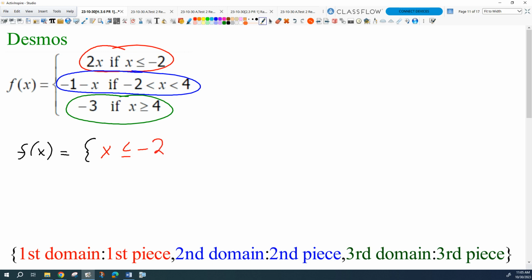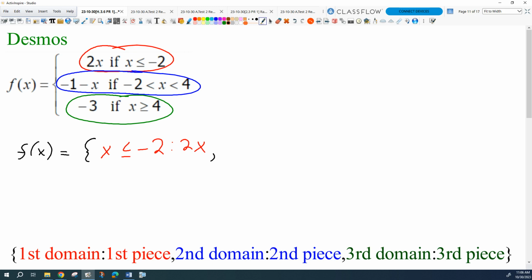Separating the domain for one of the pieces, so one of the rows, separating the domain from the actual equation is a colon, right? So you'd put a colon there, followed by the equation for the first piece, which is what? 2x. Okay, so then I've got my 2x. When I separate the individual pieces, I put a comma. So what would come next, do you think, in blue?